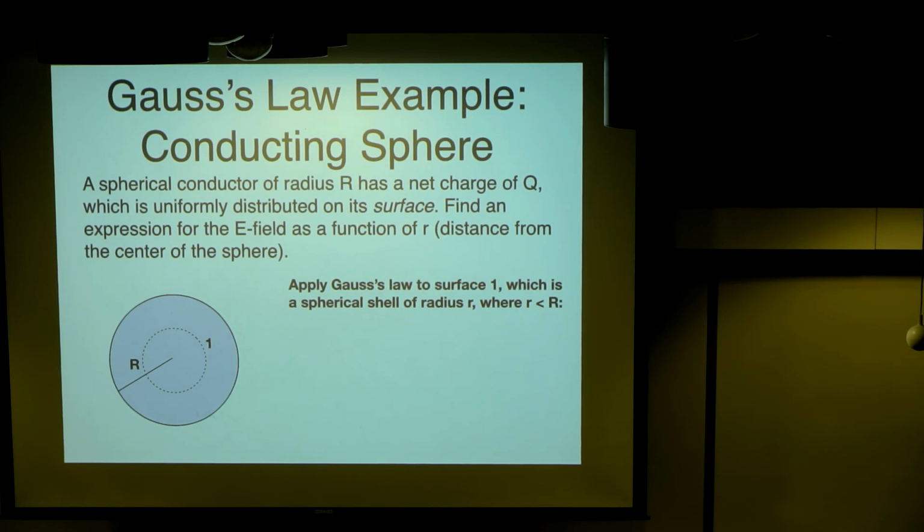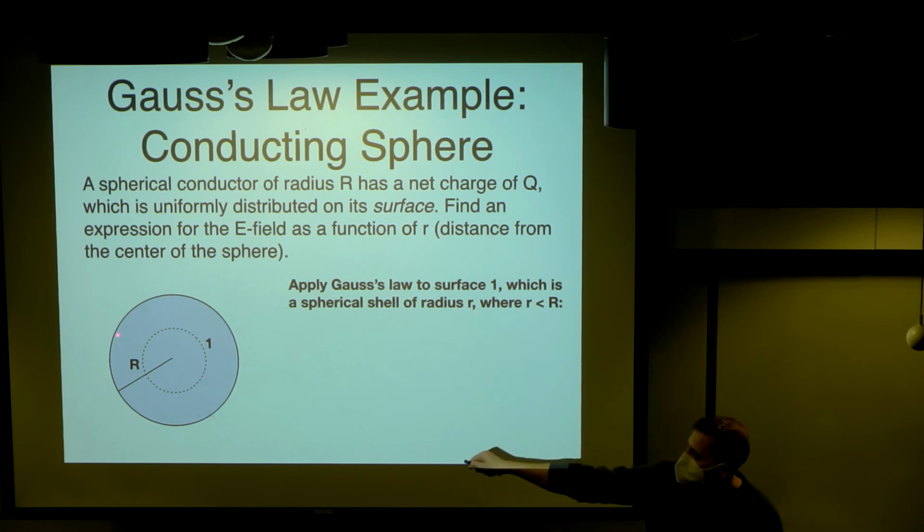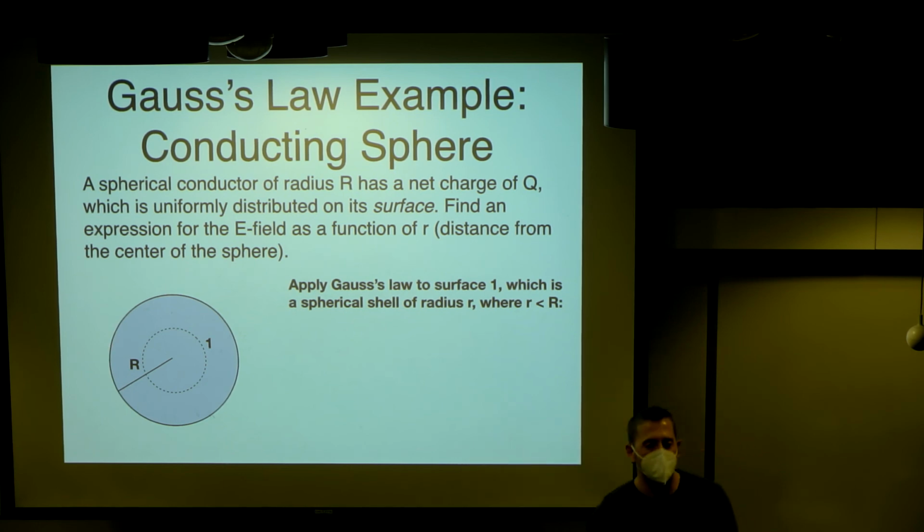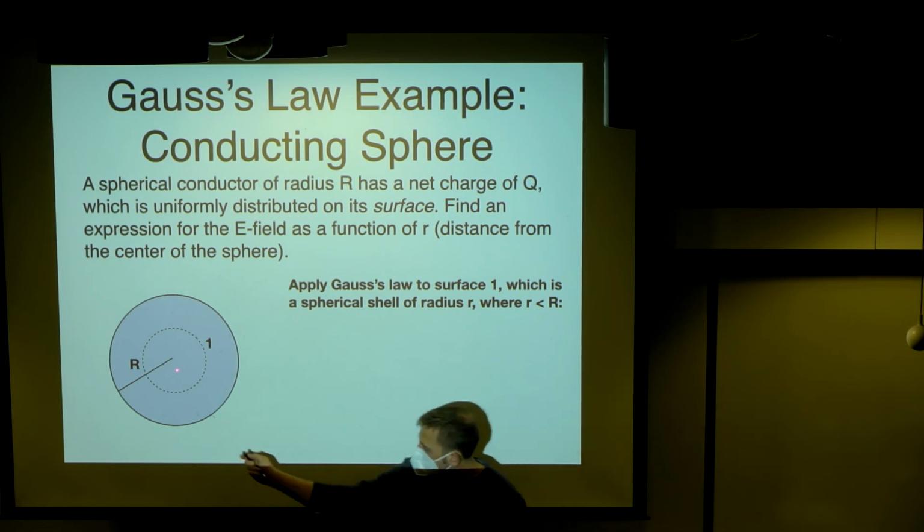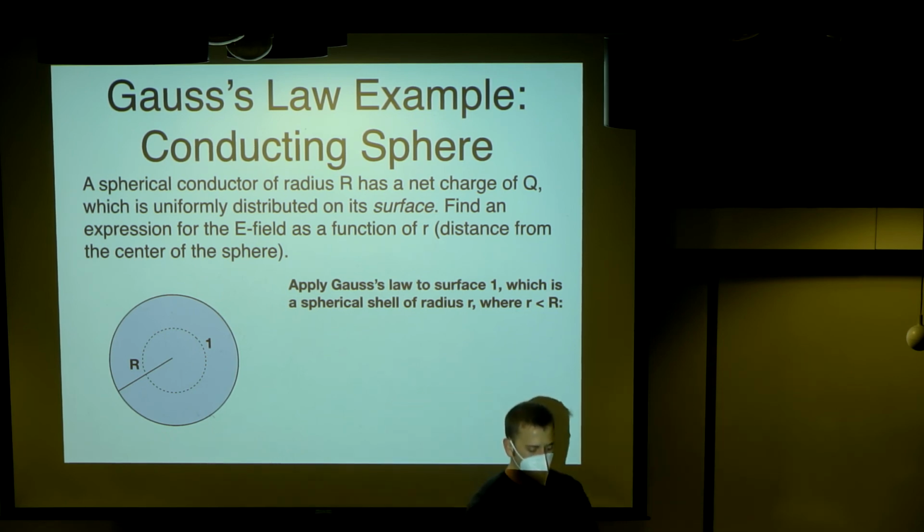So here's what we're going to start with. Imagine this is our Gaussian surface. It's a sphere, it's got radius lowercase r, but that radius is less than uppercase R. So in other words, we're inside of the conductor. Okay, we're not outside of it, we're inside. Can anyone tell me, if this is our surface, how much charge are we enclosing?